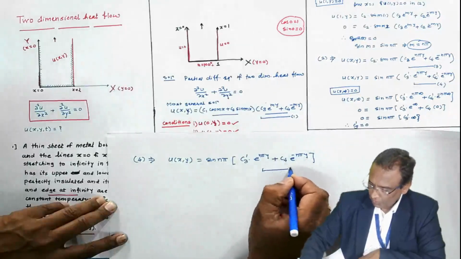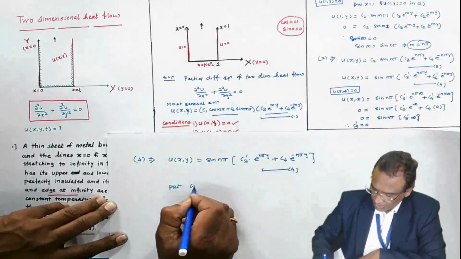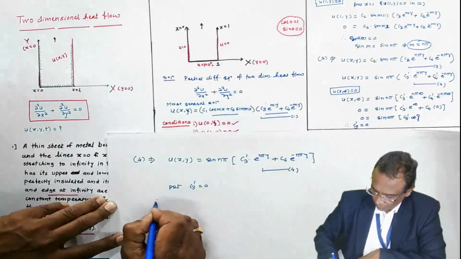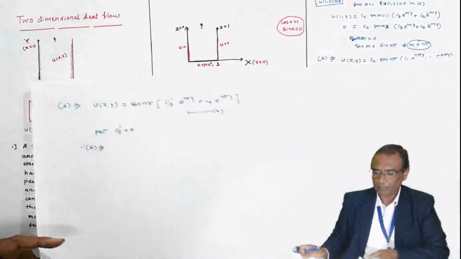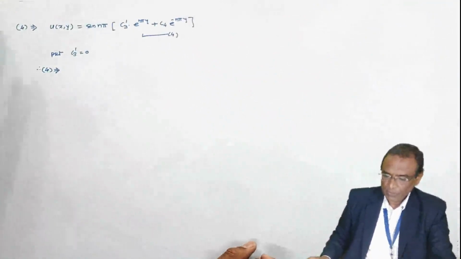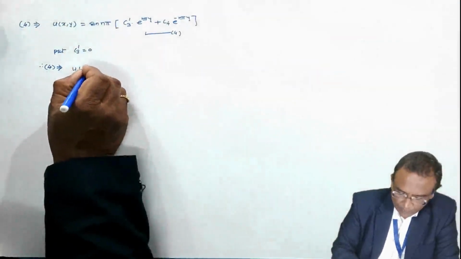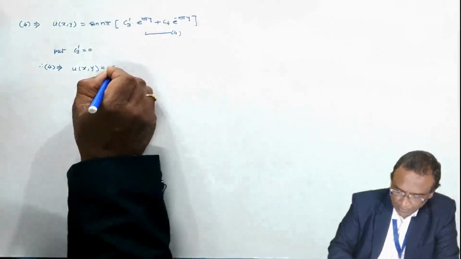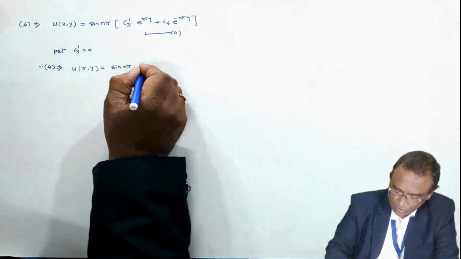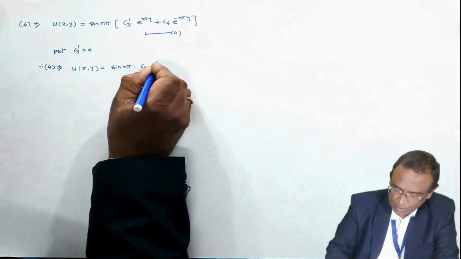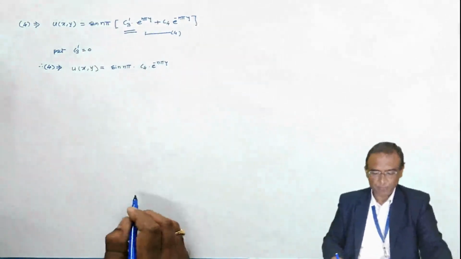Now put C3 dash equal to 0. Therefore, equation 4 becomes U of x, y equals sin n pi, and C3 dash is 0, therefore C4 e to the power minus n pi y.